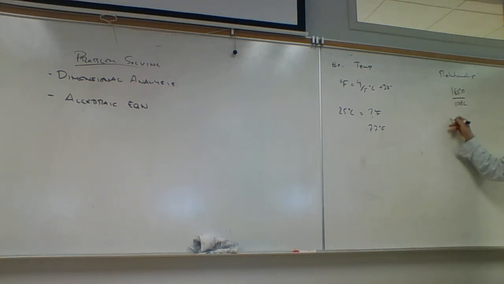This ratio came from the slope of the relationship. And so does this mean, if it's 100 degrees C, then it's 180 degrees Fahrenheit? Is that what that means?